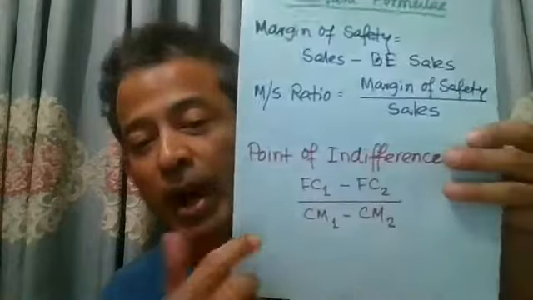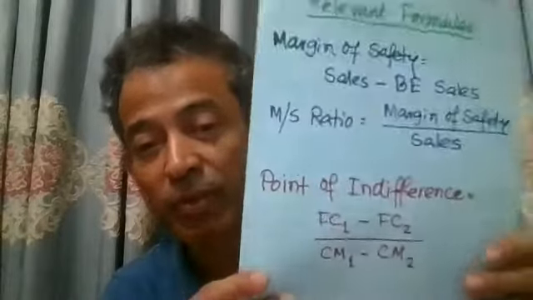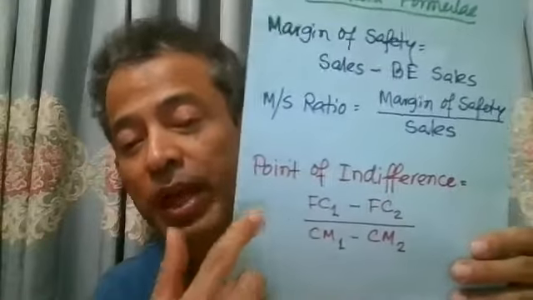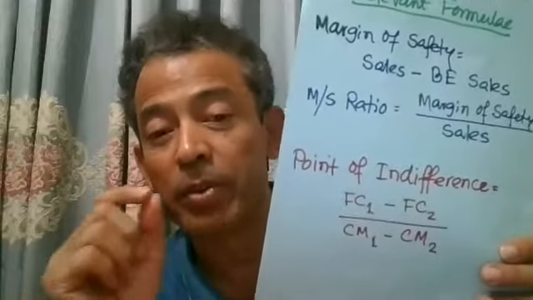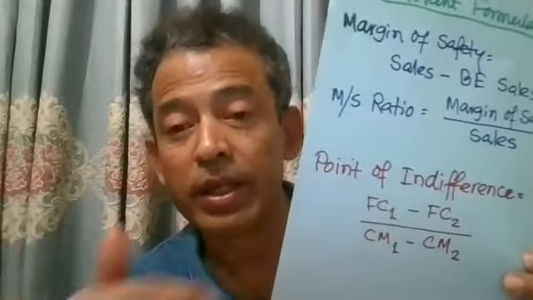All right. So we don't get into all this storytelling. This is a recurring formula. This is Karim formula. You will not find it anywhere. And the Karim formula is that we calculate a point of indifference. Means I'm going to be able to tell you the number of units that will make the choice indifferent.